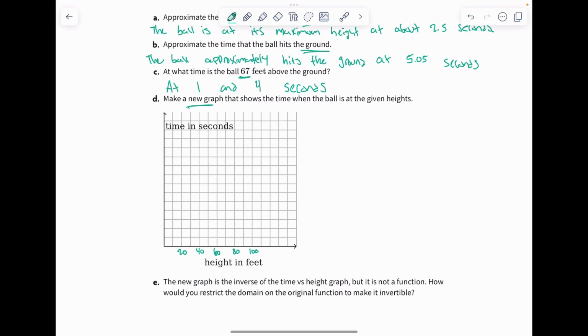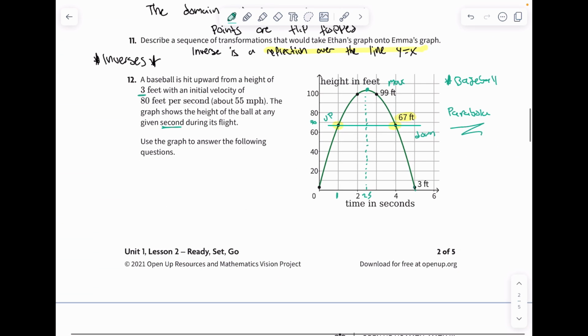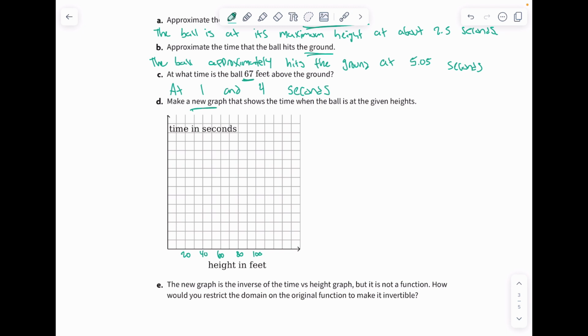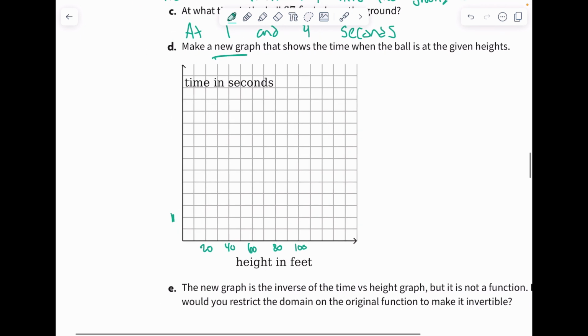Let's kind of think about those. And then let's make this graph. So at 1 second, we are at 67 feet, right? So my times, honestly, this is up to you to scale it as best as you can. I'm gonna try my best to just do 1, 2, 3, 4, and then 5 right here. I'll move these closer.